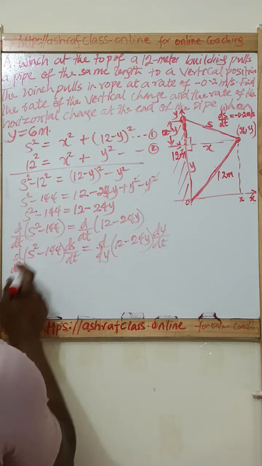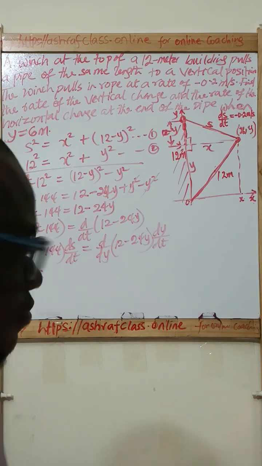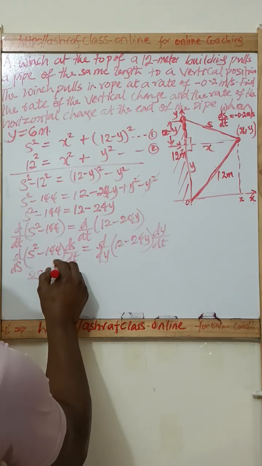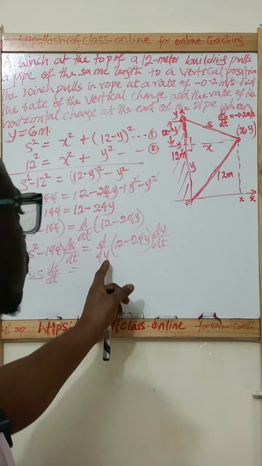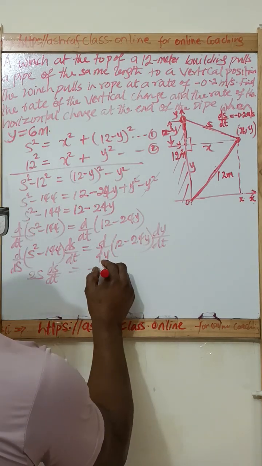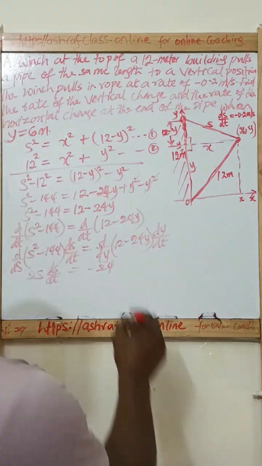If we differentiate this with reference to s, that will be 2s. Differentiation of a constant will be 0. Then ds/dt. And if we differentiate this one with respect to y, that will be minus 24, times dy/dt.